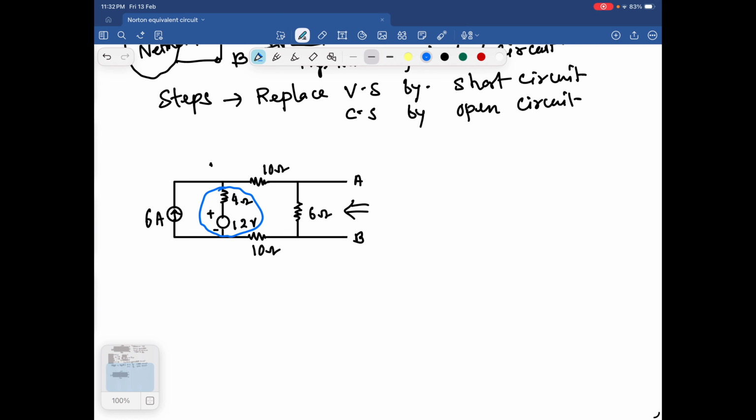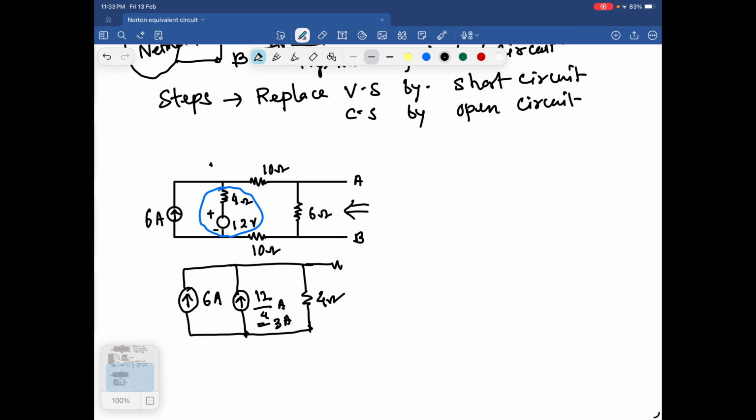So now I am redrawing the circuits. This is 6 ampere. Here it is this current. If I convert this one to a current source, it will be 12 by 4 ampere. So this is equal to 3 ampere. And this 4 ohms will be parallel to it.